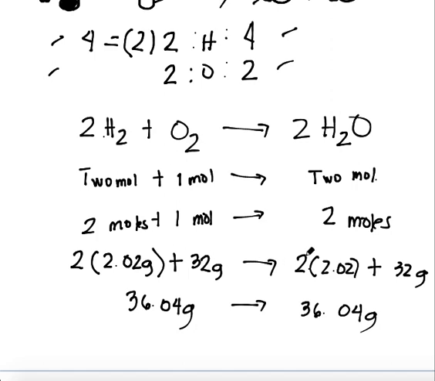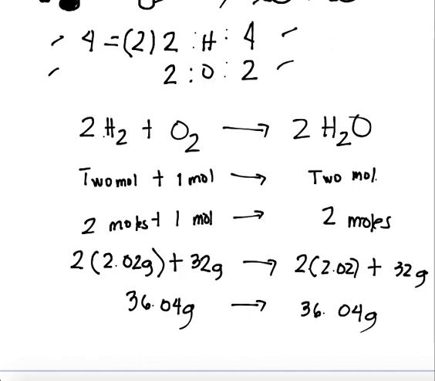So at this particular interpretation, we can find out that in terms of the conservation of mass, the mass of the reactant is conserved in the overall reaction towards the mass of our product. That's why it follows what we call the law of conservation of mass.